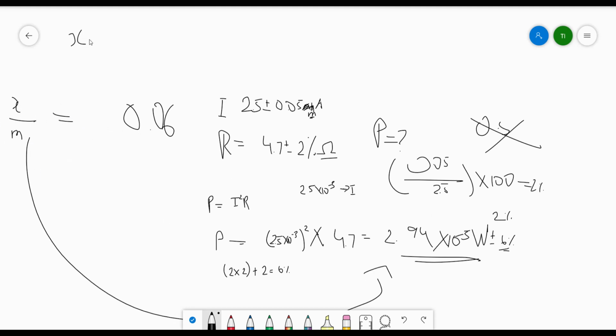Make x the subject, and that is the absolute uncertainty, which is 1.8 into 10 to the power minus 6. But whenever we're expressing an absolute uncertainty, we tend to write it in one significant figure. And so this would be 2 into 10 to the power minus 6 to 1 SF.